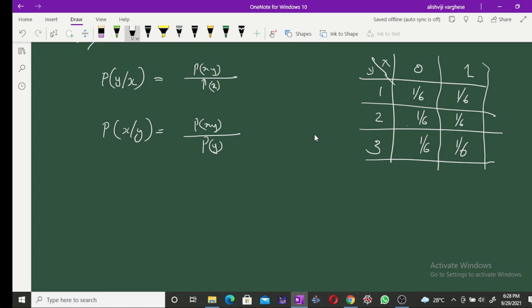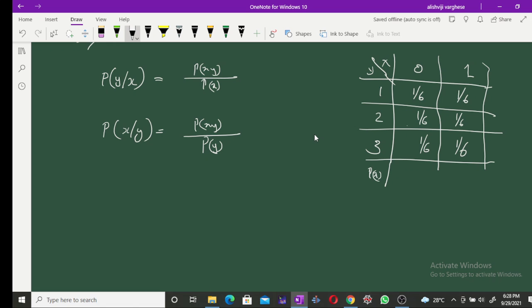When x is equal to 0, y can take three different values. When x is equal to 1, y can take three different values. Then the marginal distribution of x is represented by p of x, and that can be obtained by summing up with respect to y.